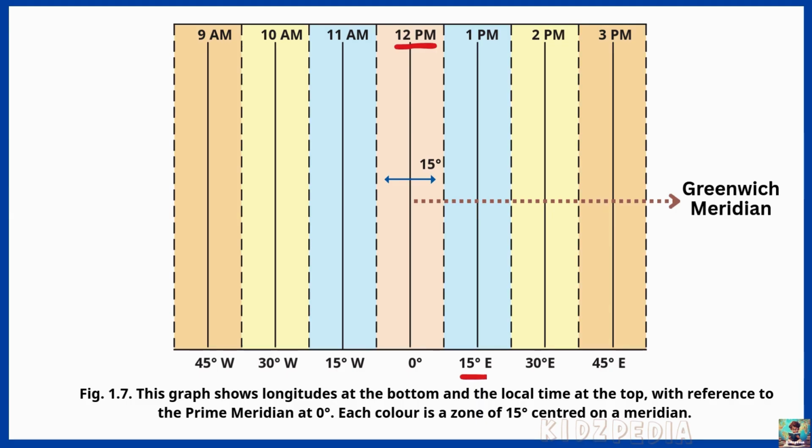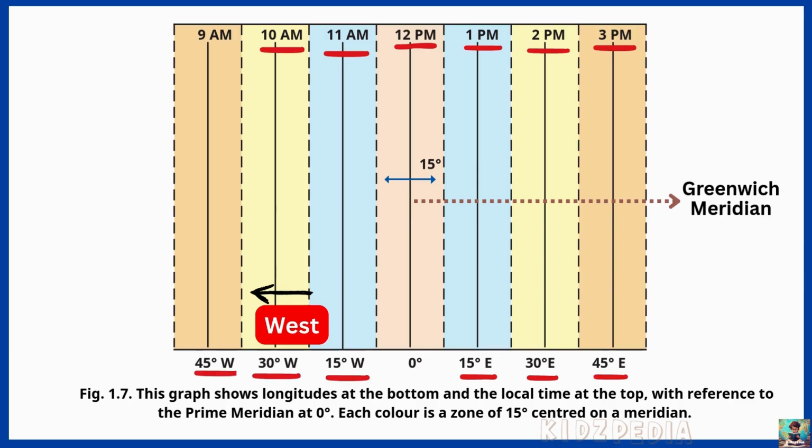At 15 degrees east, it's 1 p.m. And at 30 degrees east, it's 2 p.m. At 45 degrees east, it's 3 p.m. and so on. And if we go west from Greenwich, at 15 degrees west, it's 11 a.m. At 30 degrees west, it's 10 a.m. At 45 degrees west, it's 9 a.m. and so on.